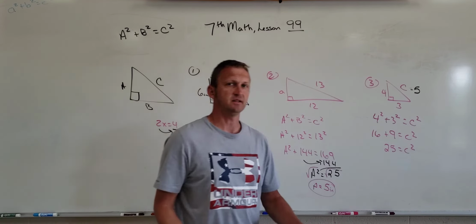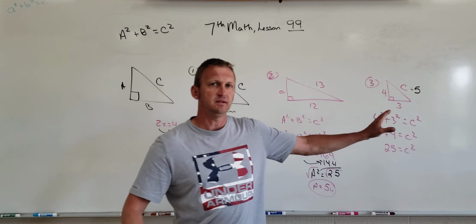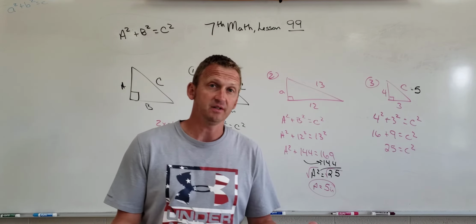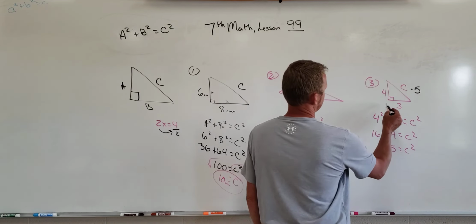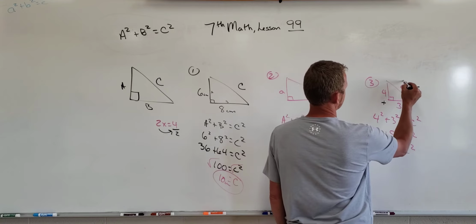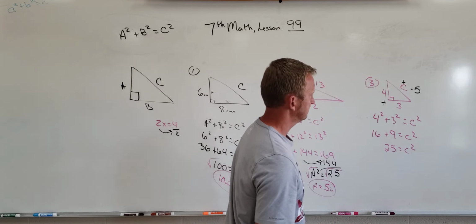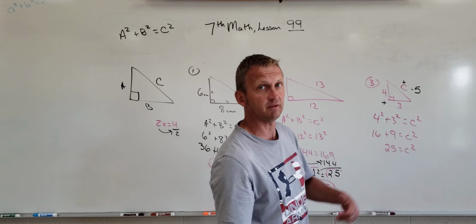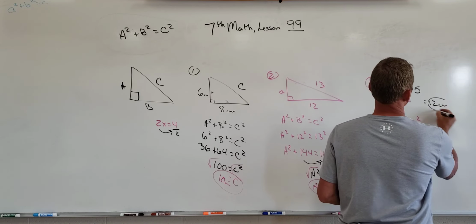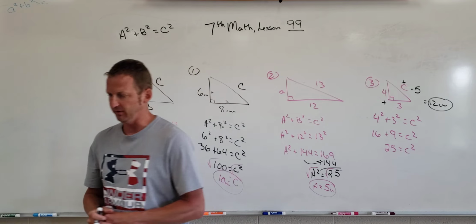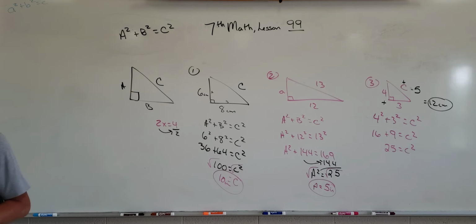But in this case, it doesn't just want you to find the C, or the hypotenuse, that missing side. It wants you to find the perimeter. So now we just add 3 plus 4 plus 5. 3 plus 4, 7, plus 5, 12. So that is finding the perimeter.